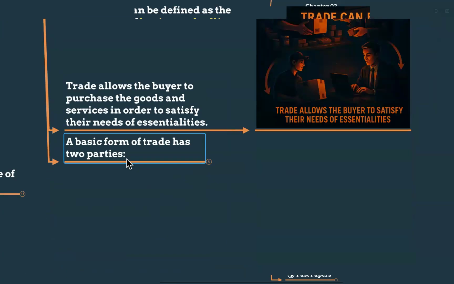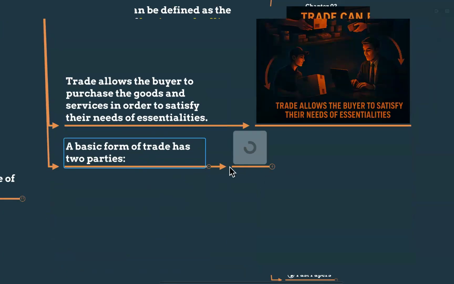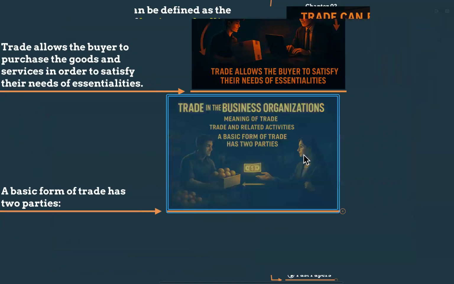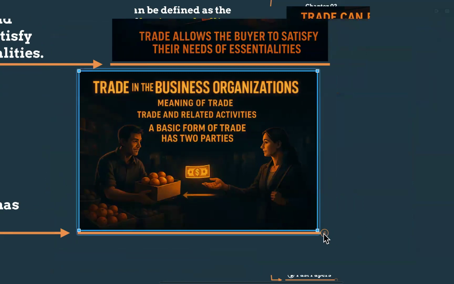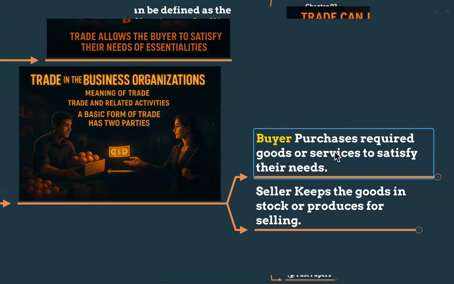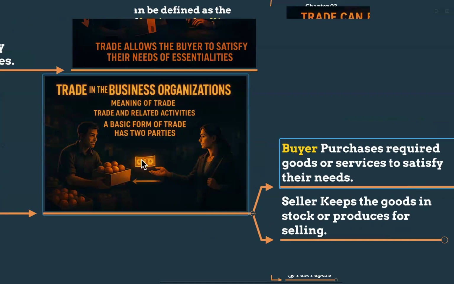This is self-explanatory. A basic form of trade has two parties, as you know, buyer and seller. Someone is buyer and someone is seller, because the definition itself, trade, in the sense buying and selling. The buyer purchases required goods or services to satisfy their needs, food needs, or sometimes communication needs, water, whatever.